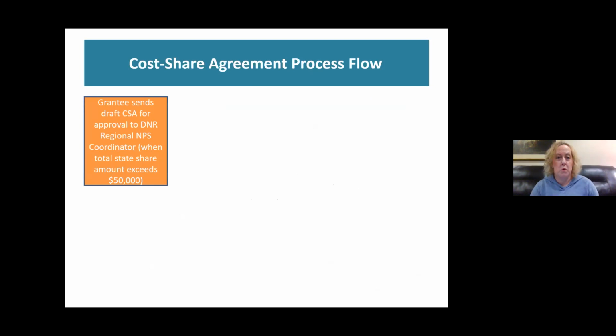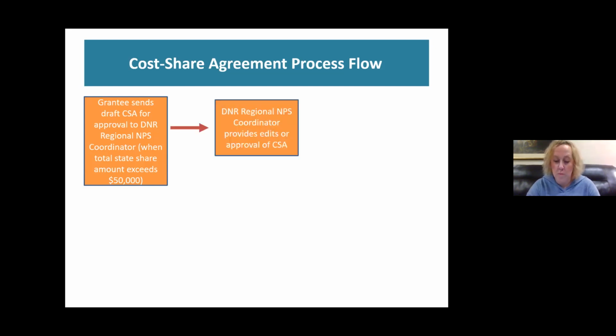So we're going to walk through the cost share agreement process flow a little bit. So just to review, first, you'll send the draft cost share agreement to the regional coordinator for review and approval. When that cost share agreement state share amount exceeds $50,000, the regional coordinator will provide their edits or approve the cost share agreement.